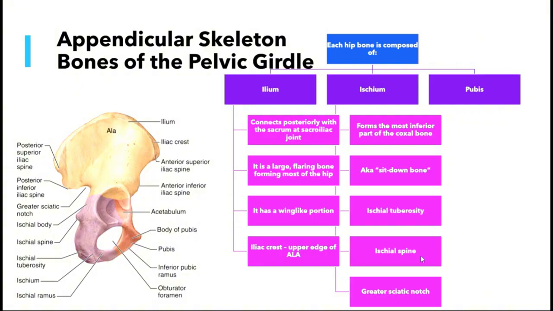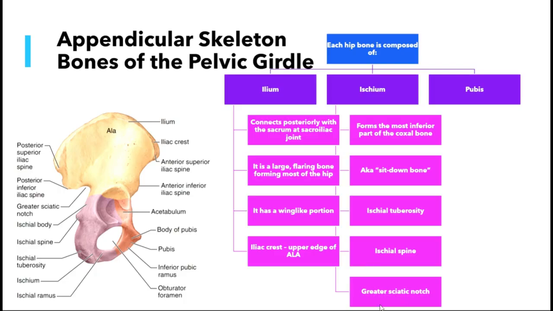It narrows the outlet of the pelvis through which the baby must pass during birth. That means the ischial spine might be why delivery may shift from normal delivery to cesarean section, if it is too narrow for the baby to pass through.